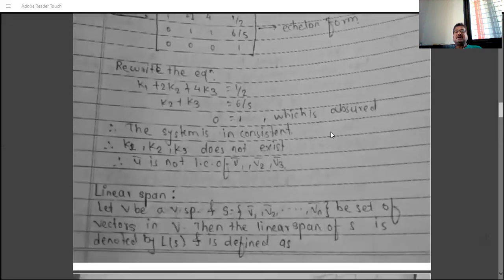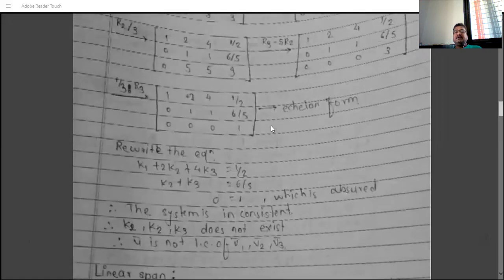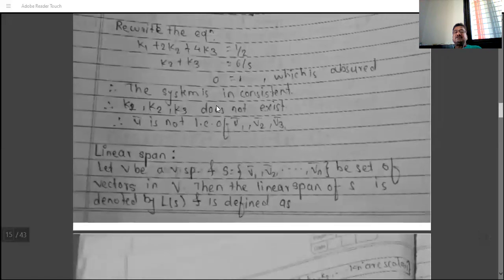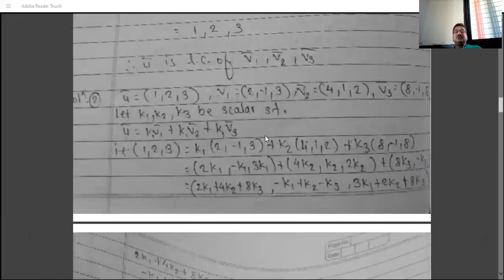When the system is inconsistent, we have a statement like 0 equals 1, or the rank of A is not equal to the rank of AB, then the system has no solution, meaning U bar is not a linear combination of V1, V2, V3. So it depends on this system.